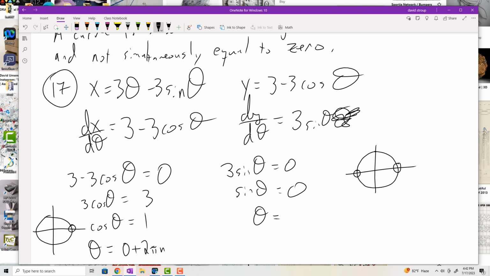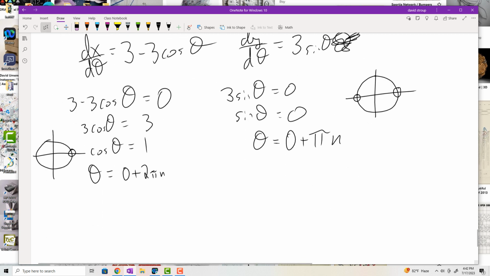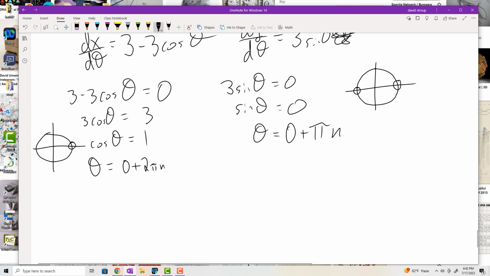But sine goes back and forth. Cosine of pi is equal to negative 1. That's why you don't include that other side there. But this will be then 0 plus just pi n. And so the simultaneous case is when it's 0 plus 2 pi n. That implies it's non-smooth at theta equals 0 plus 2 pi n, or just 2 pi n.